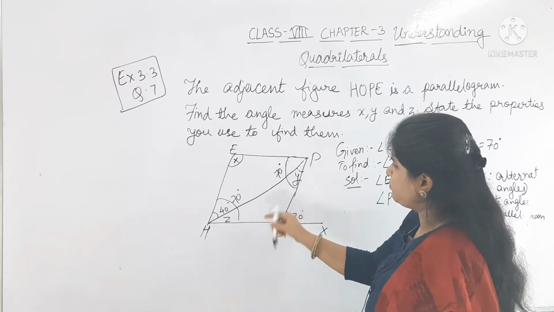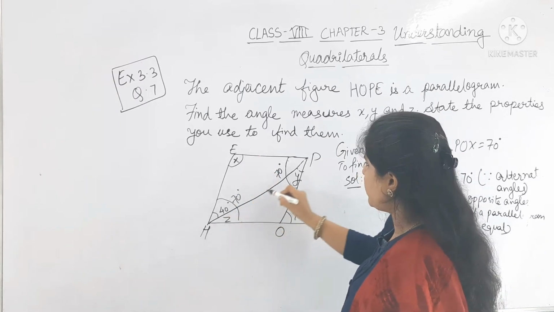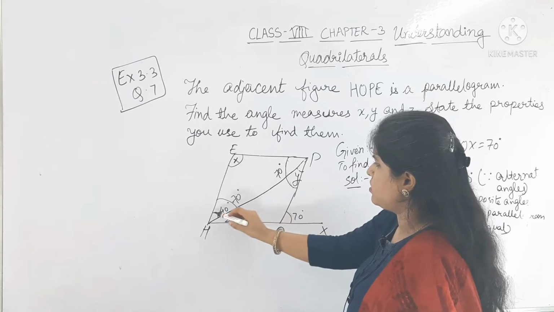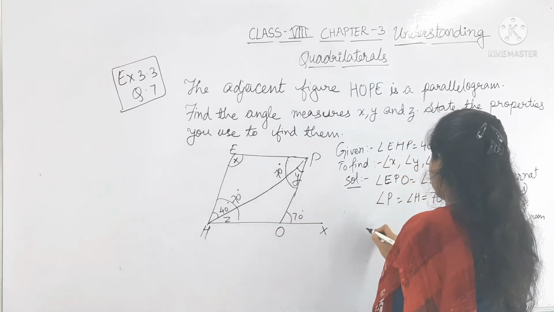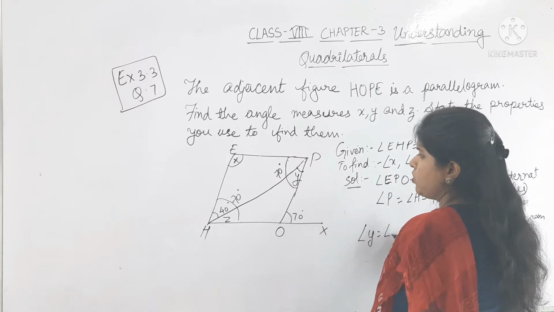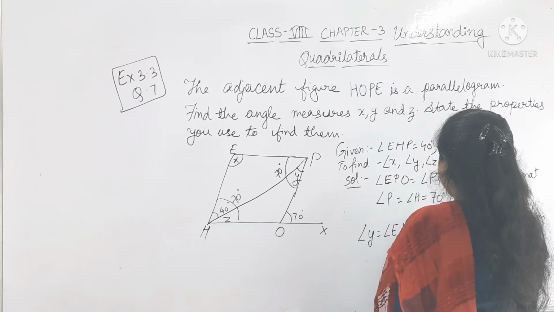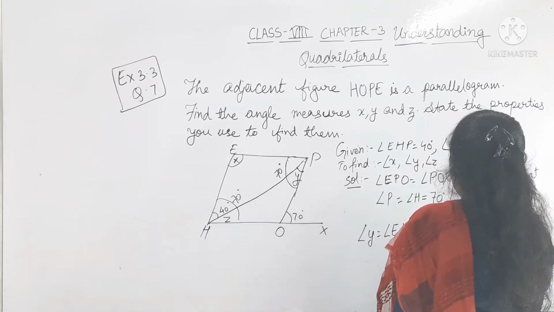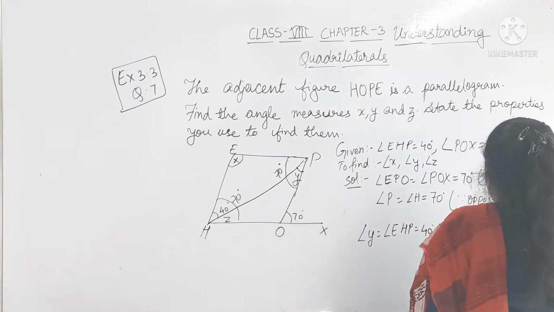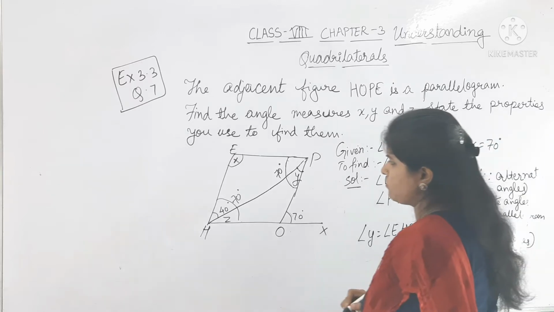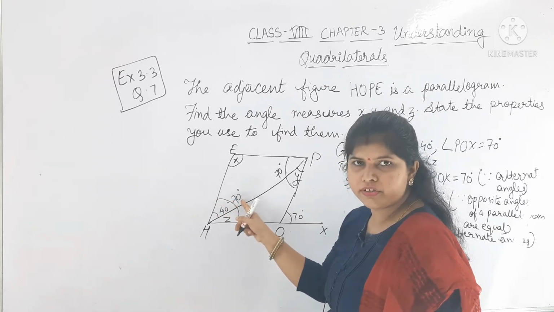Now you have to find angle Y here. So you can see that this will be making Z, this is 40 degree, so this will be also a 40 degree. Angle Y is equal to angle EHP is equal to 40 degree because alternate angles. Now you can see here that this total angle is 70 degree.